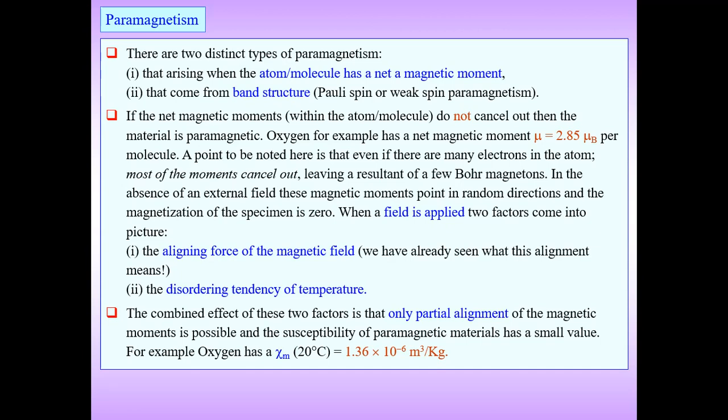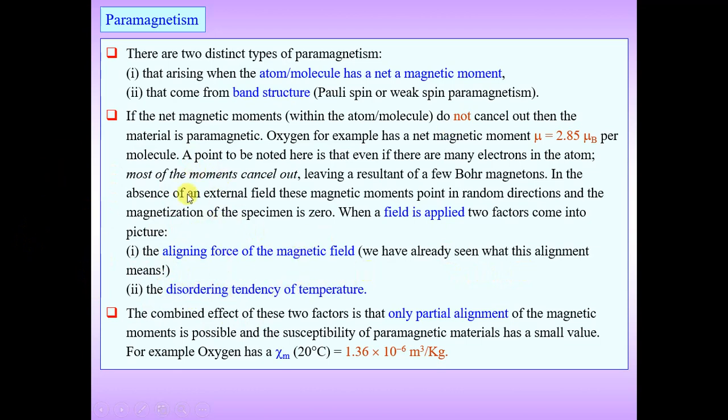In the absence of an external field, these magnetic moments point in random directions and the magnetization of the specimen is zero. So when the field is applied, the alignment force comes into the picture. We have already seen that this alignment meets the disordering tendency of temperature.